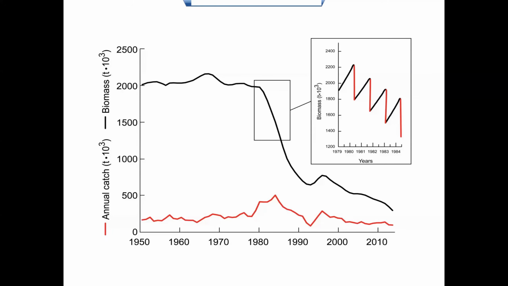The next year, you do that again. You reduce the biomass by the catch, and you grow the population by the population growth rate times the biomass.